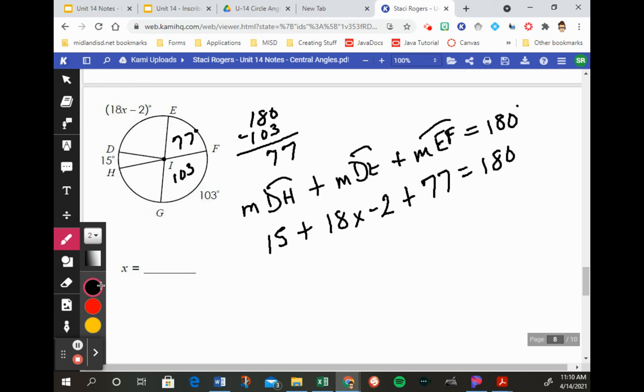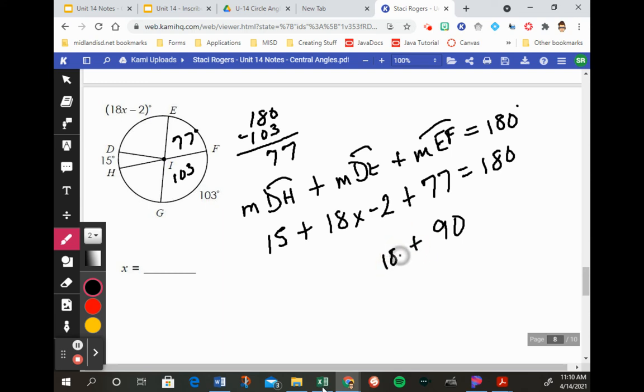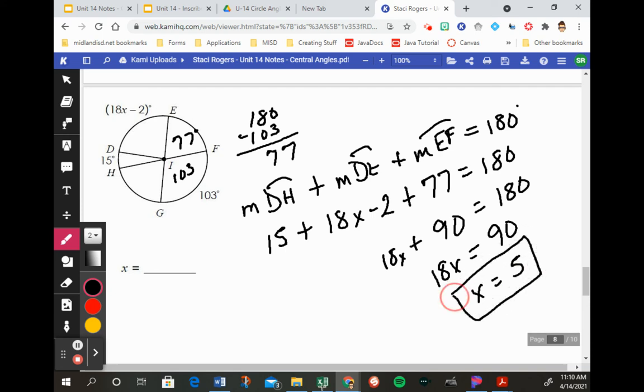So 13 plus 77 is 90, plus 18x equal 180. Subtract 90 and we get 18x equal to 90. X equal to 5. And there's our answer. All right.